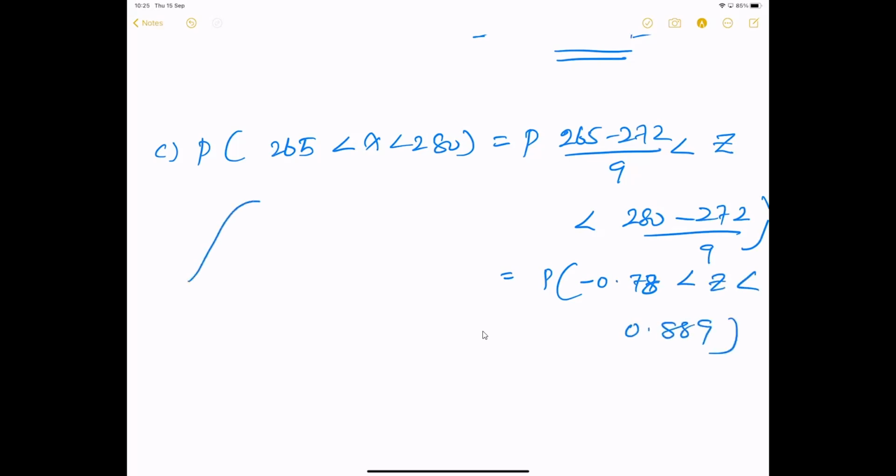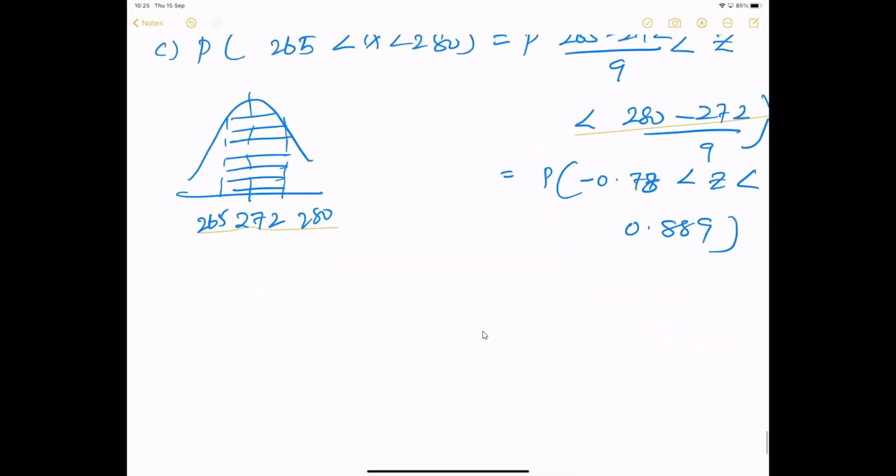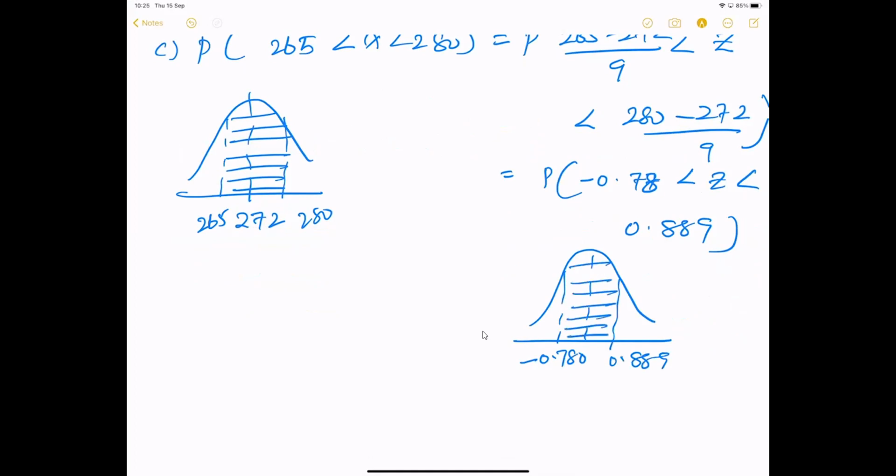Initially, we have our mean as 272, this one is 265, and this one is 280. They are asking about this area probability. Now we converted that into standard normal. Therefore, this is 0, this one should be minus 0.78, and this one should be 0.889. This area we want to find.